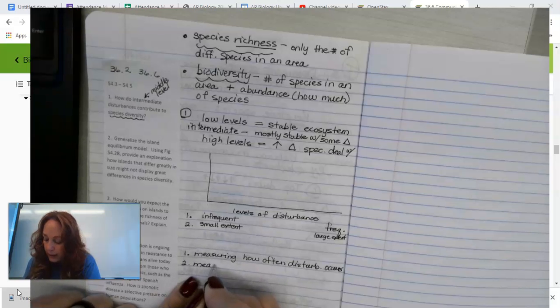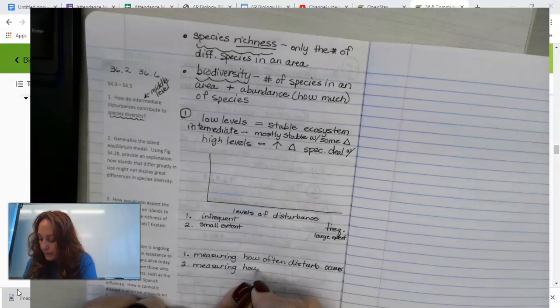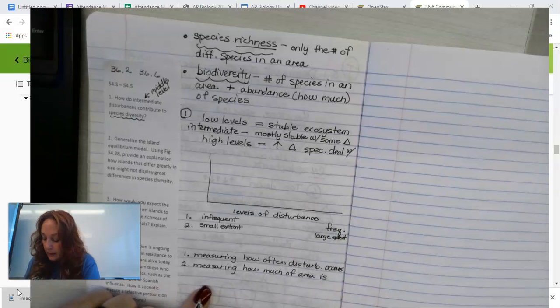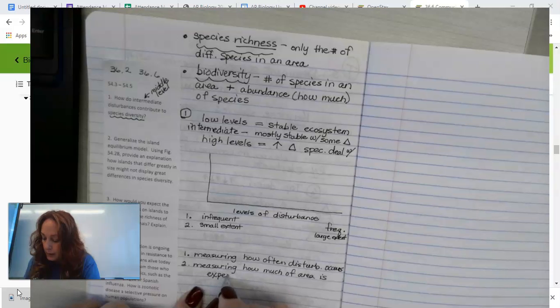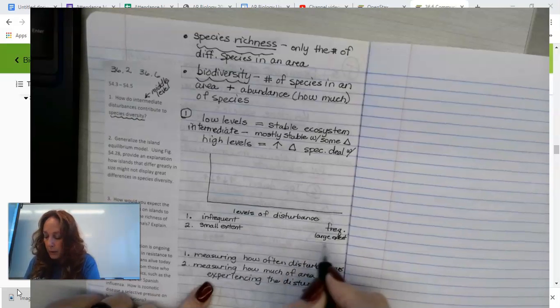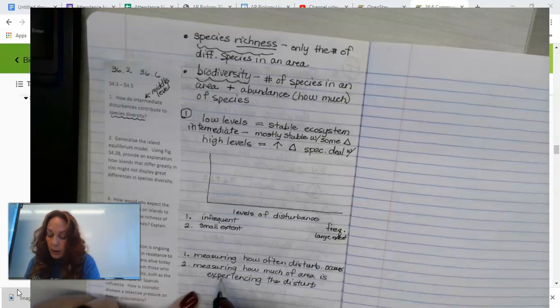So I could either measure how much of the area is affected. So I'm going to put experiencing the disturbance, a small or a large, so that's one.